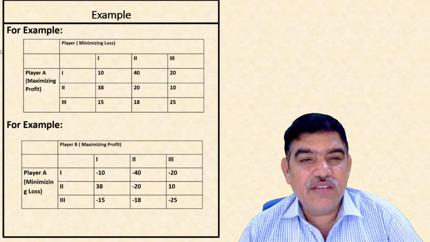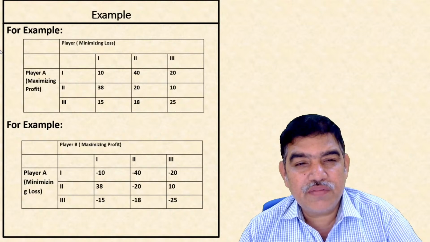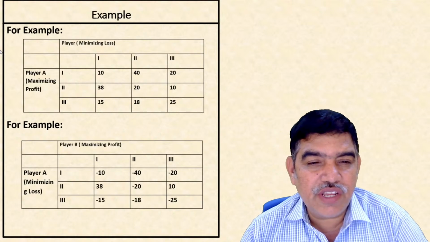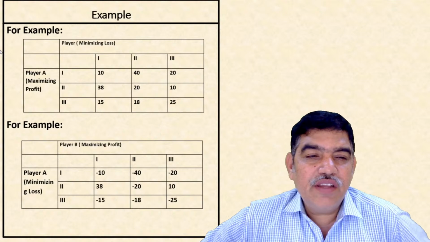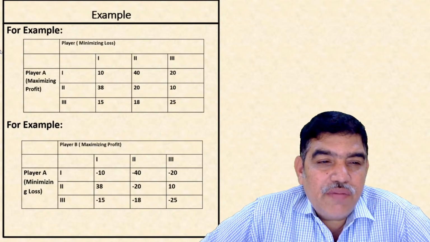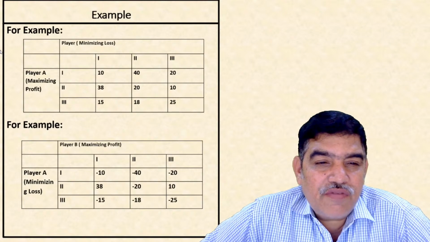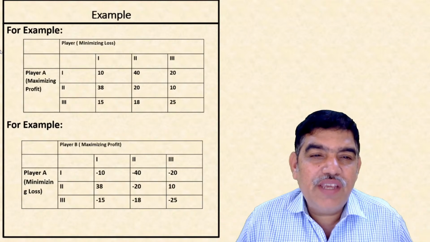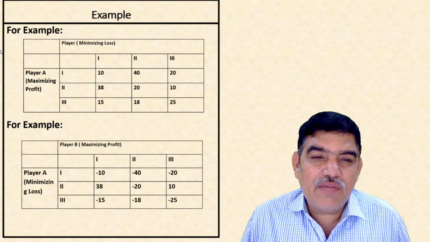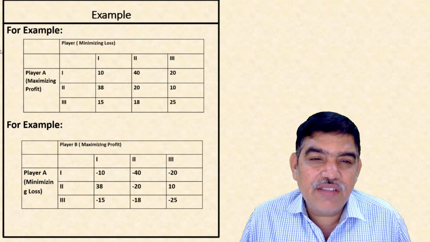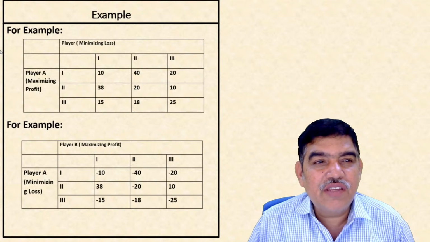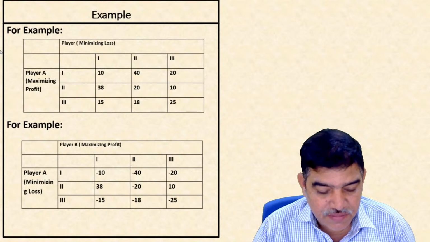I am mentioning here 18, in row 3 and column 2. What does it indicate? Player A implemented strategy 3 for 18 items profit. At the same time, player B adopts the strategies to minimize the same 18 items loss. That is known as the best example.